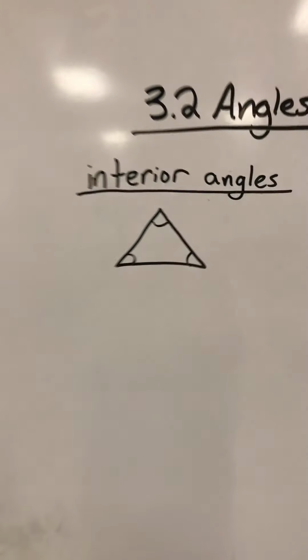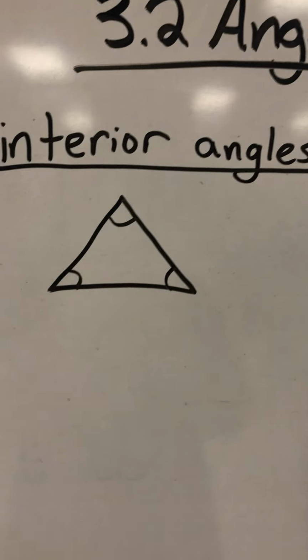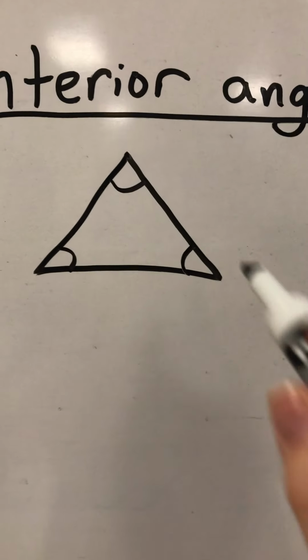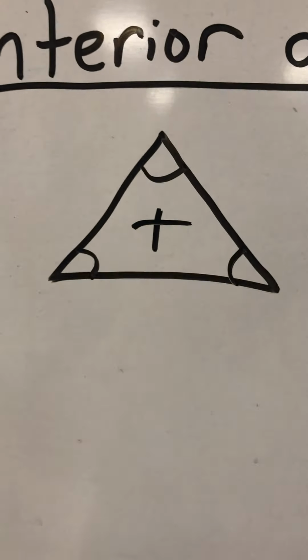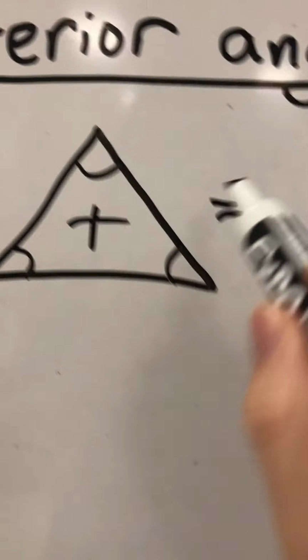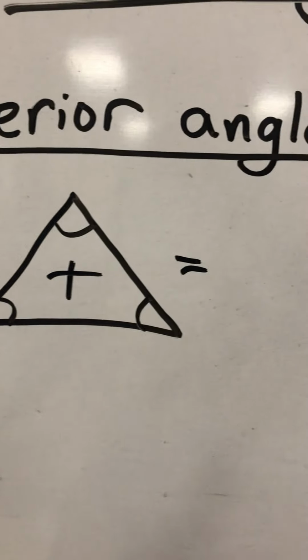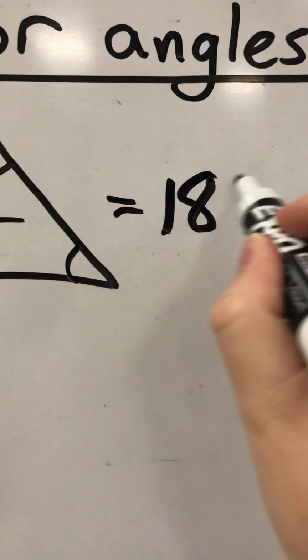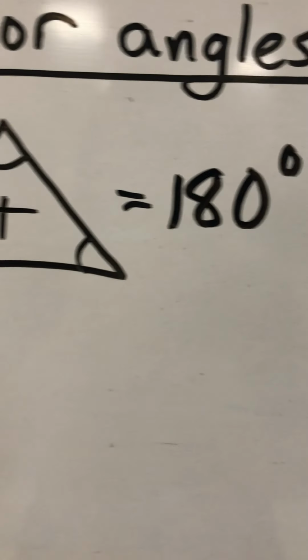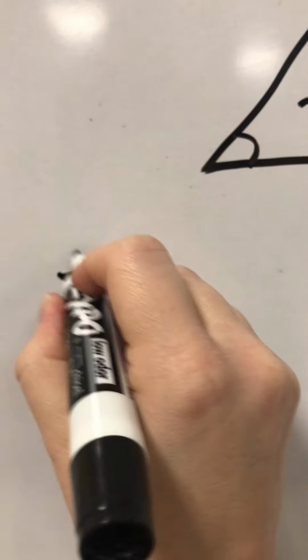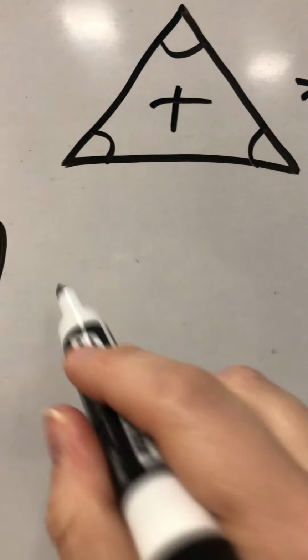Now, let's focus here on the interior angles real quick. The important thing to know is that when you add these all up, for your interior angles, they are always going to equal 180 degrees. So you might be faced with a question. This will be our example problem.